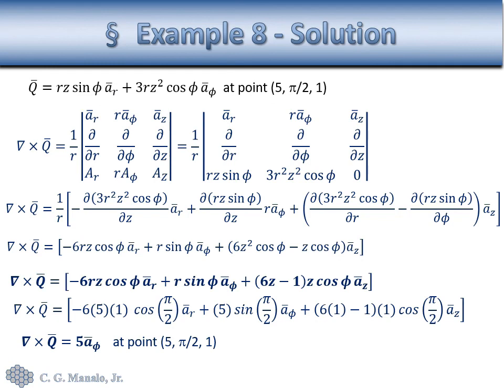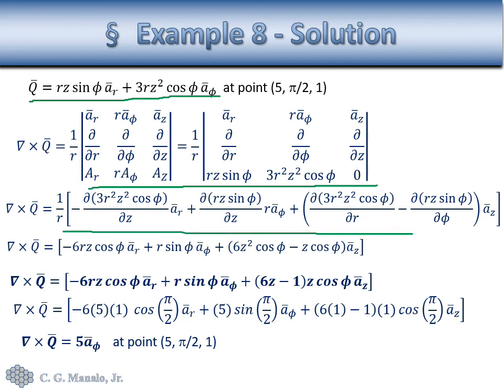For the second question, the field is written in cylindrical coordinates, so we use the formula for cylindrical coordinates, which is this one. Expanding this will give us a field that is this one.